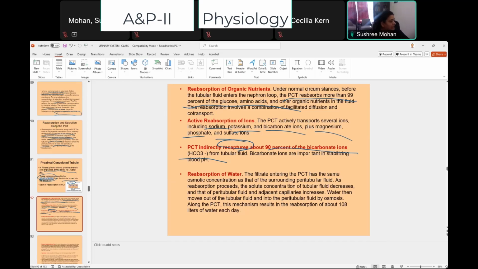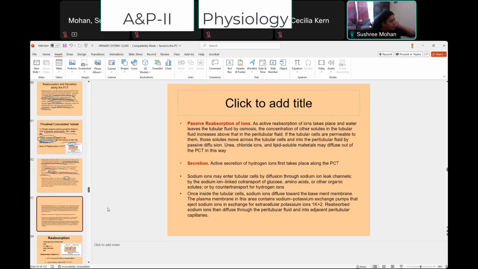Reabsorption of water. The PCT actively reabsorbs water. A large amount of water is reabsorbed. Passive reabsorption of ions: not only actively, but also passively by osmosis. A lot of good substances, solutes, are returned back. Then secretion. We don't need these hydrogen ions.